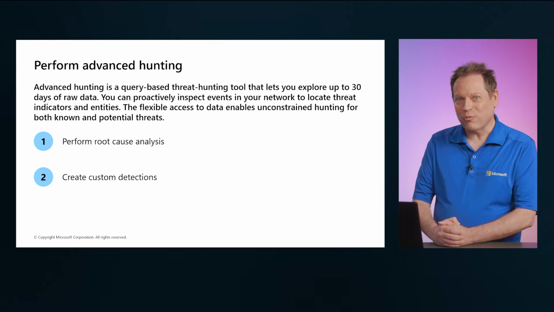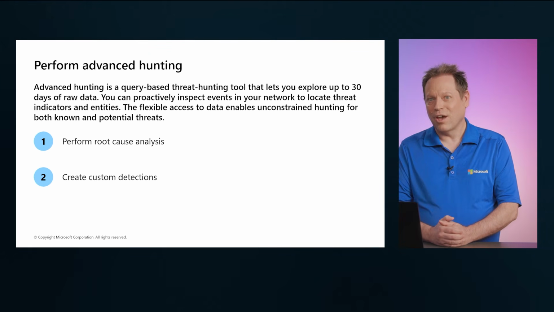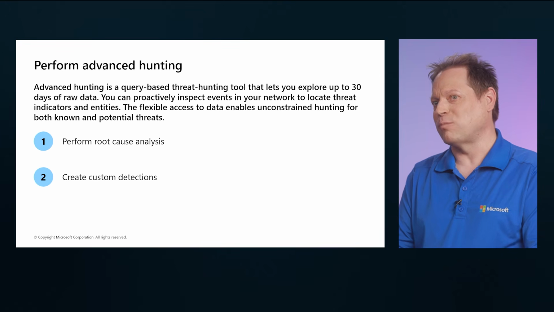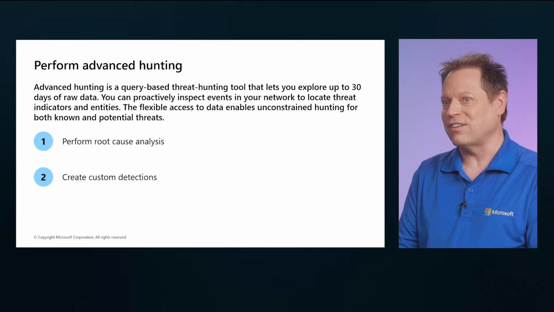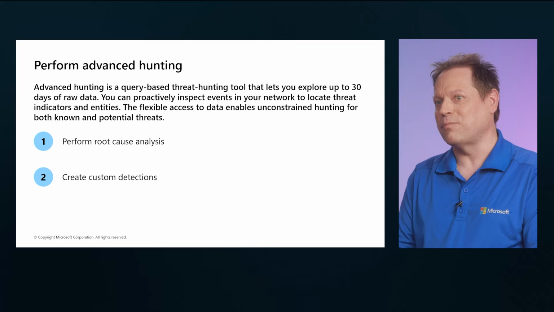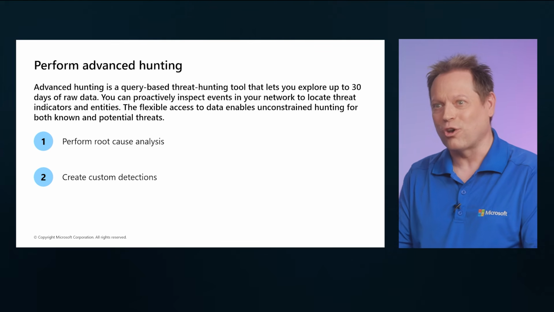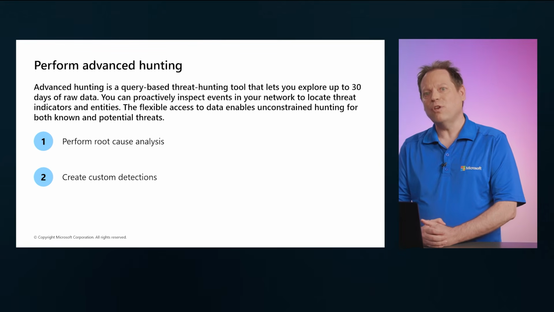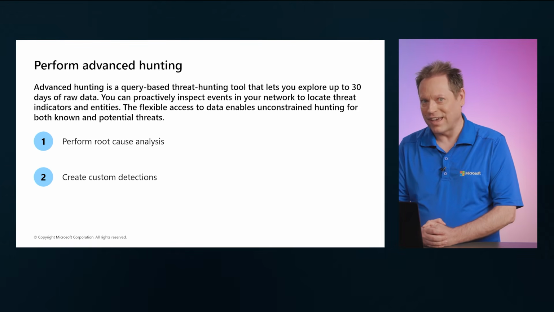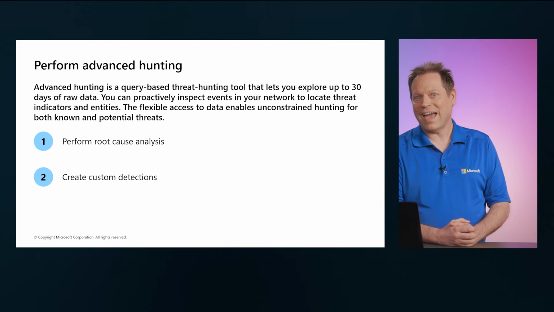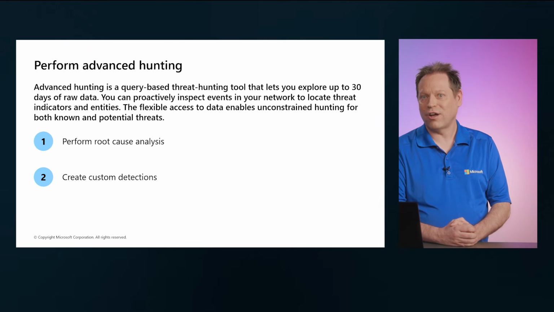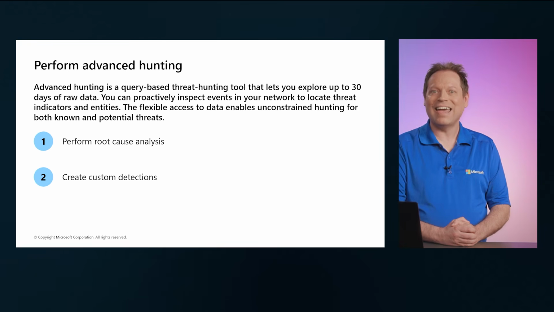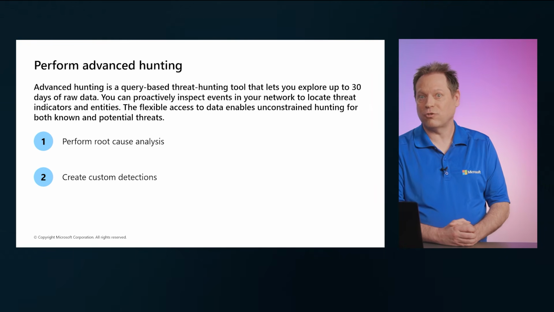When you want to go beyond reactive investigation, advanced hunting gives you a powerful query-based way to hunt for threats. It lets you explore up to 30 days of raw data so you can proactively inspect events across your network to locate indicators and entities. Even when no alerts have been fired yet, this flexible access supports unconstrained hunting for both known threats and unknown or emerging patterns.